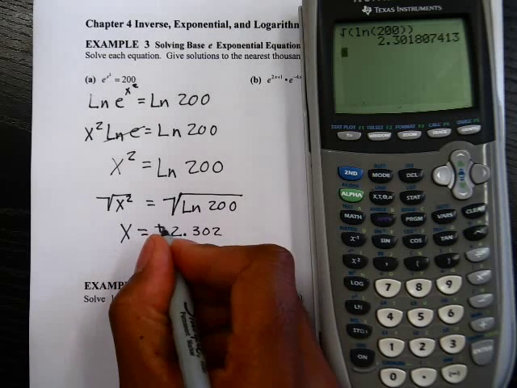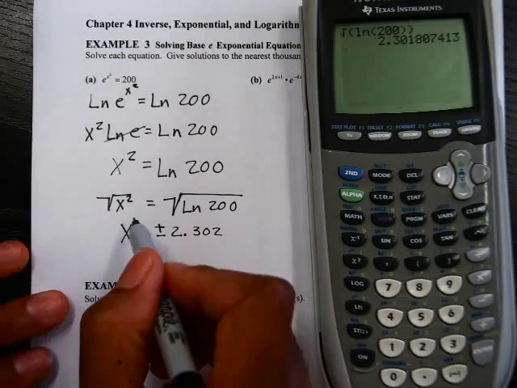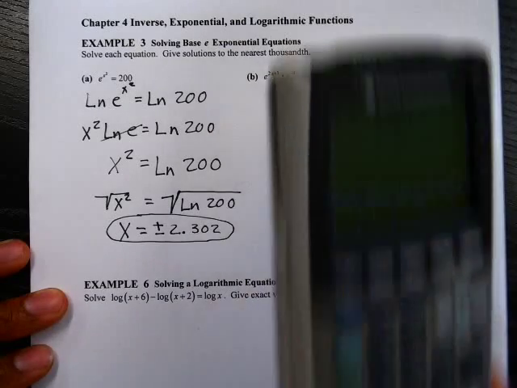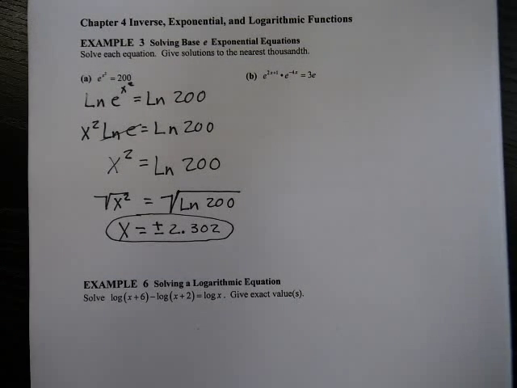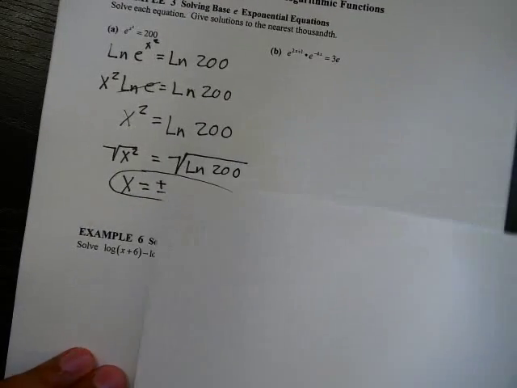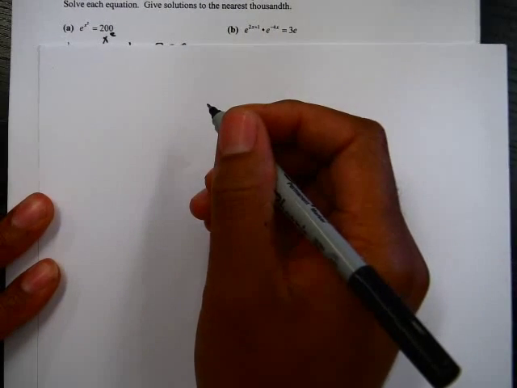So remember, plus or minus 2.302, because we had to take the square root of both sides. Definitely write this on another sheet of paper.